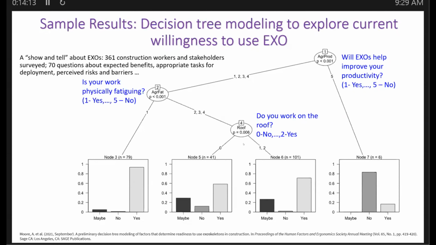And the roofers basically branched out into having different responses from people that said maybe sometimes versus no. And that's sort of the preliminary results from trying to understand among 70 odd questions that people answered in a survey, can we predict their initial willingness as they enter right into the exoskeleton trials? Are they going to be willing to wear an exo or not?